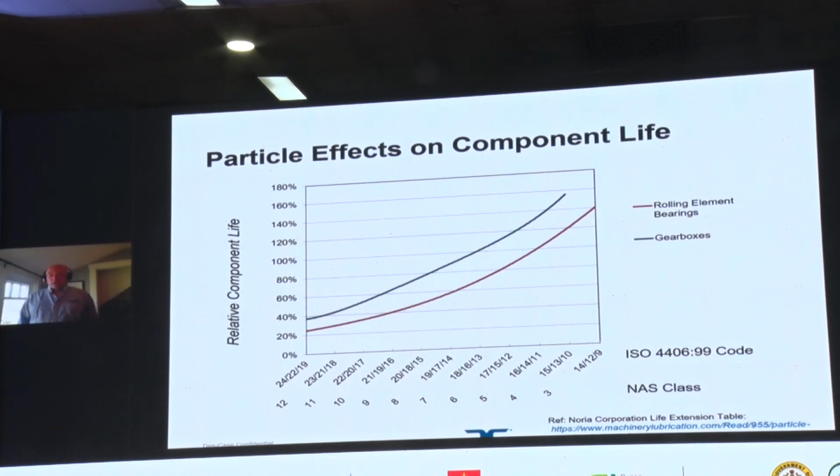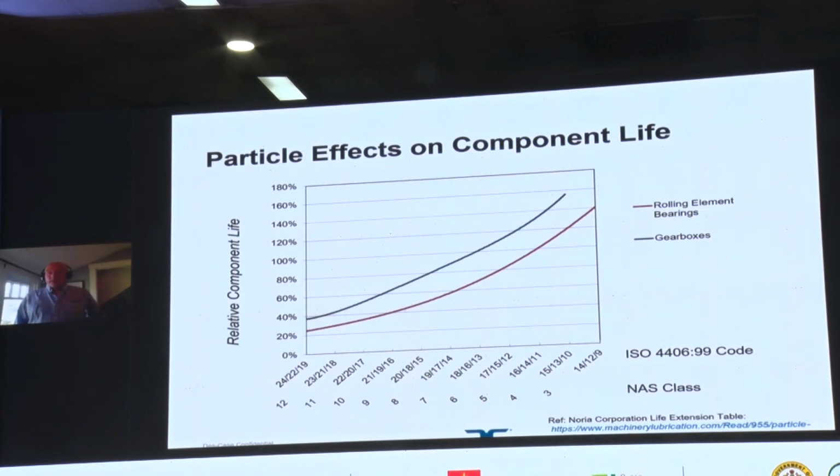So as we look at this graph on the left-hand side, that would be considered 24, 22, 19, which is considered obviously to be very, very dirty. As we transition from the left-hand side to the right-hand side of the graph, the oil is becoming sequentially cleaner. For every 1 unit scale, we go from left to right, for every change in scale, we can consider the oil as, roughly speaking, twice as clean.